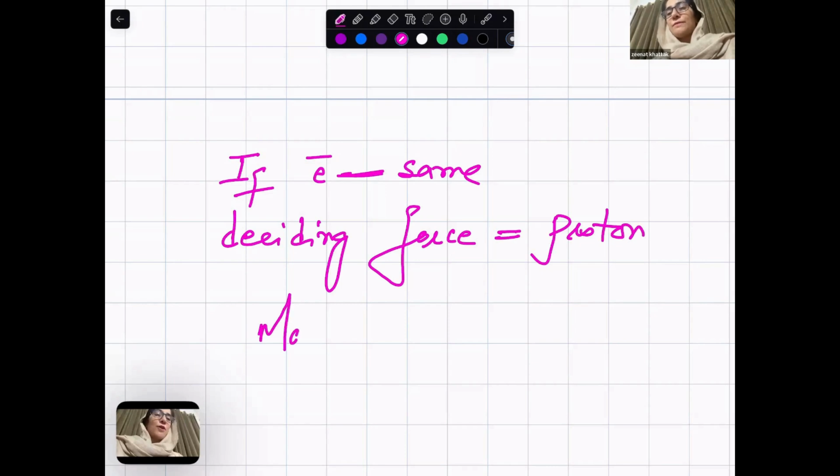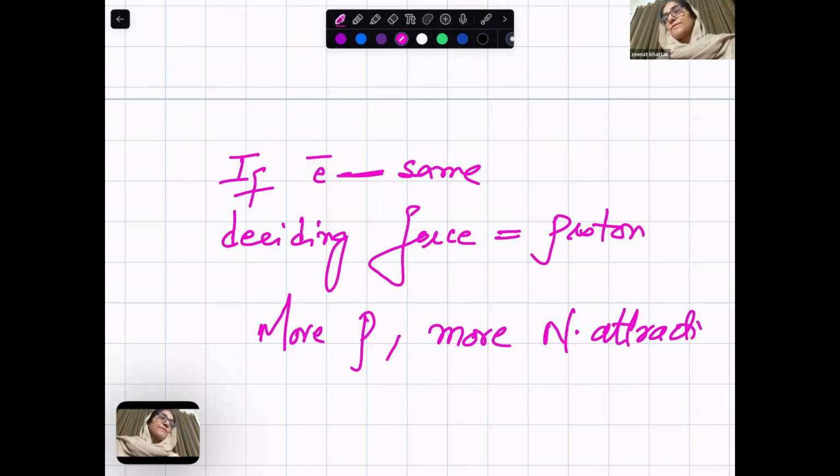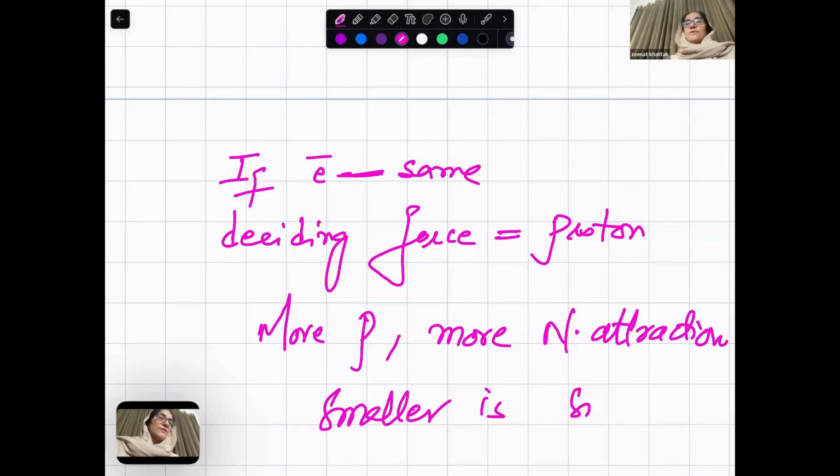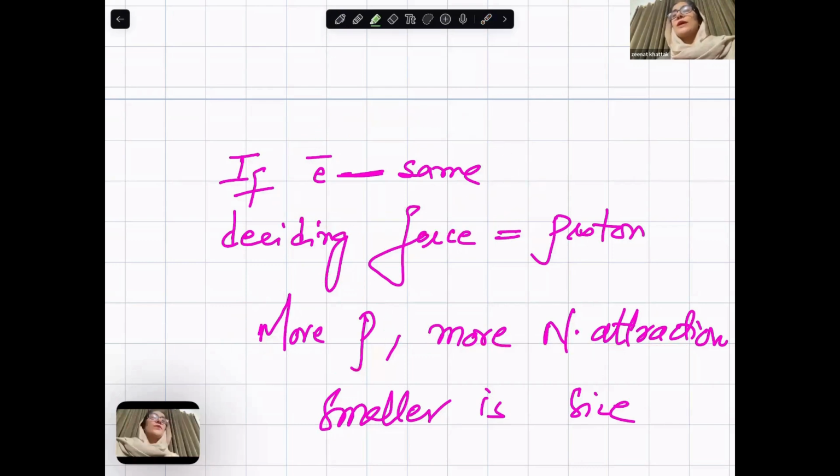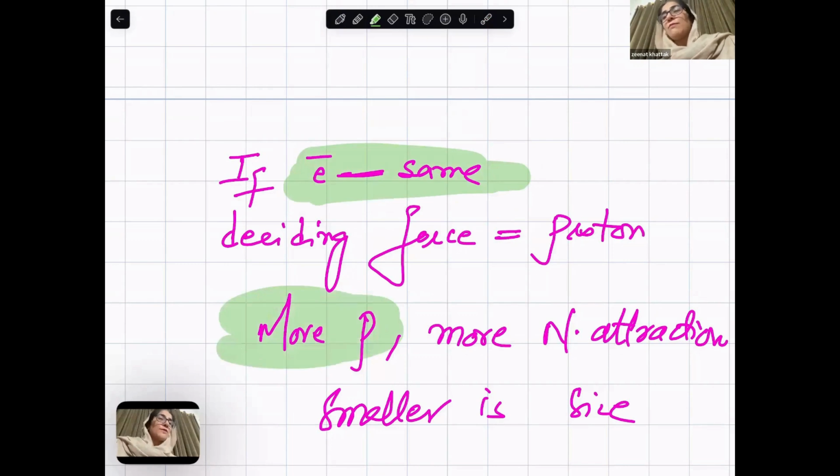More proton, more nuclear attraction, and smaller is the size. More proton, more attraction. This is when the electrons are same. When the electrons are same, more proton, more attraction, smaller size.